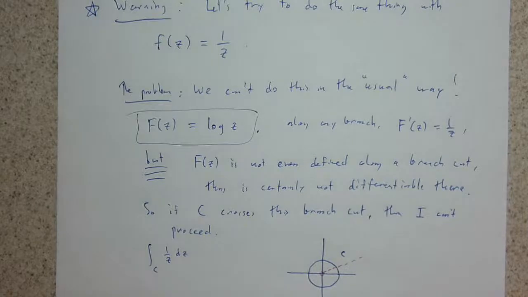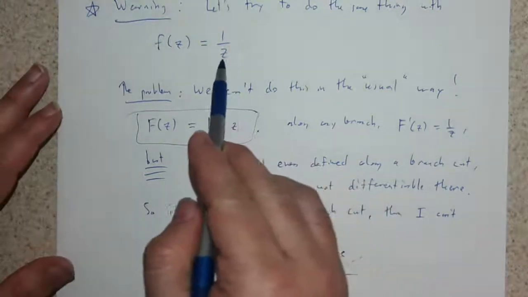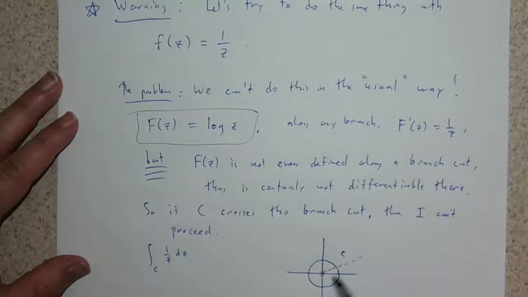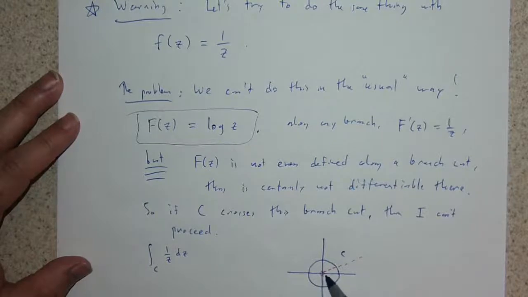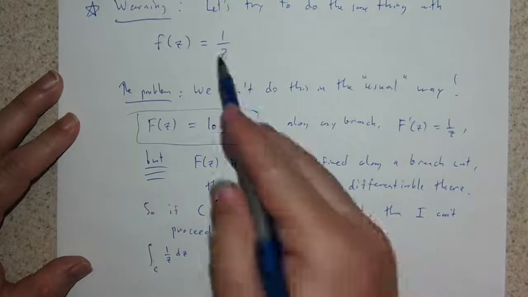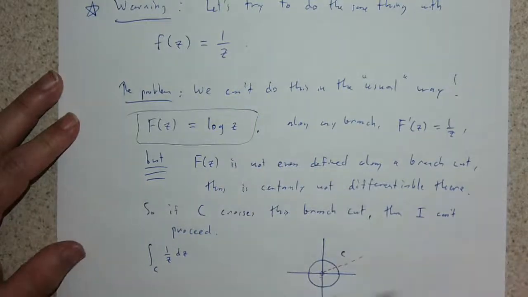So this is the other instance of where we have to consider branch cuts that I mentioned before. Notice that 1 over z has no issue with this branch cut. It has an issue at this branch point, the origin, but other than the origin, it has no issue with any other point in the plane. 1 over z is fine everywhere else.